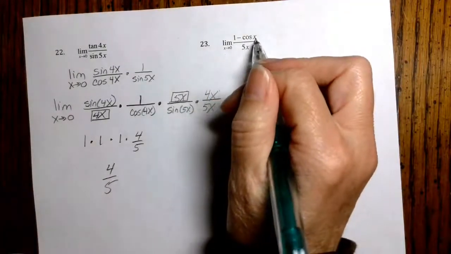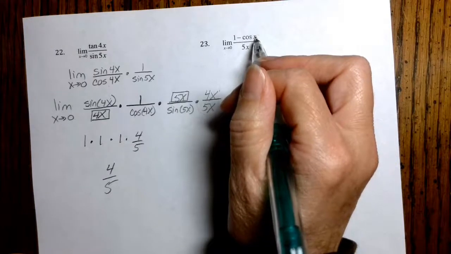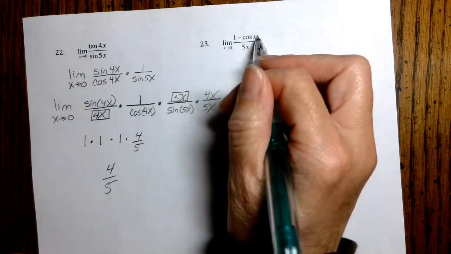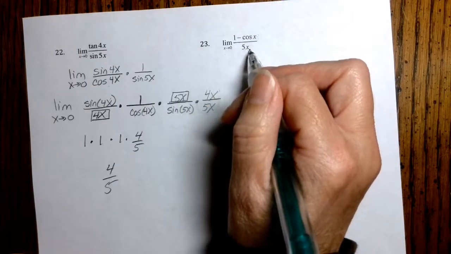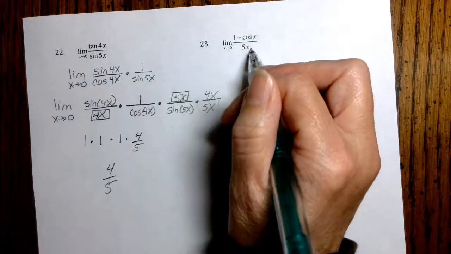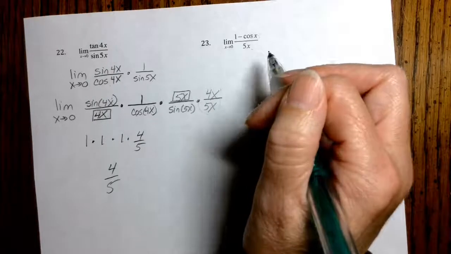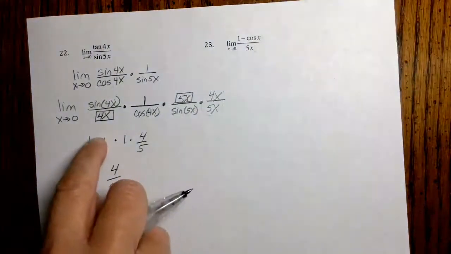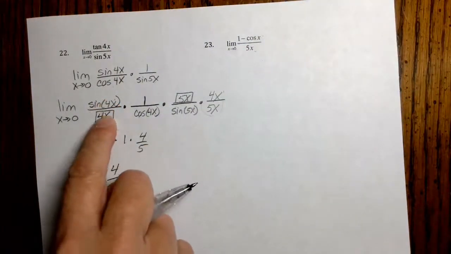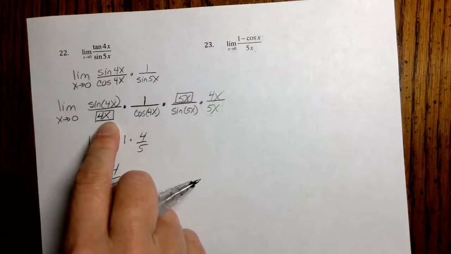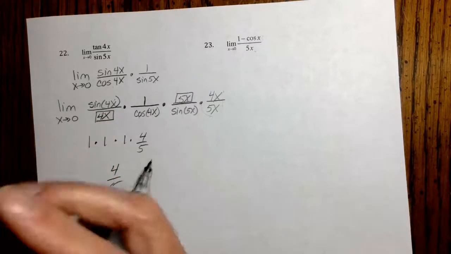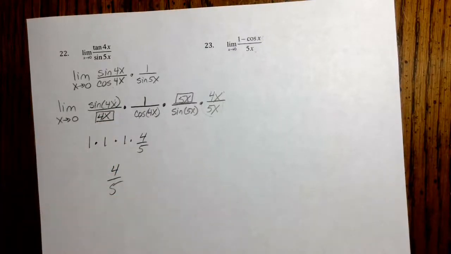1 minus cosine. We know cosine is 1. 1 minus 1 is 0. You're dividing it by 0. So this scenario is a 0 over 0 like we did in the last test. That means, again, if you have zeros over zeros, that's what this is, then I have to rewrite it so that I can make the special ratio of 1.